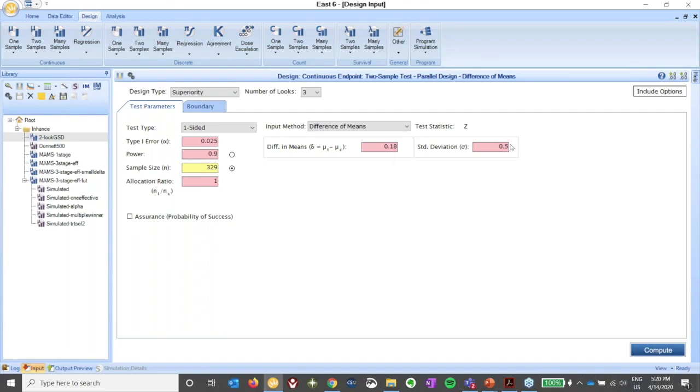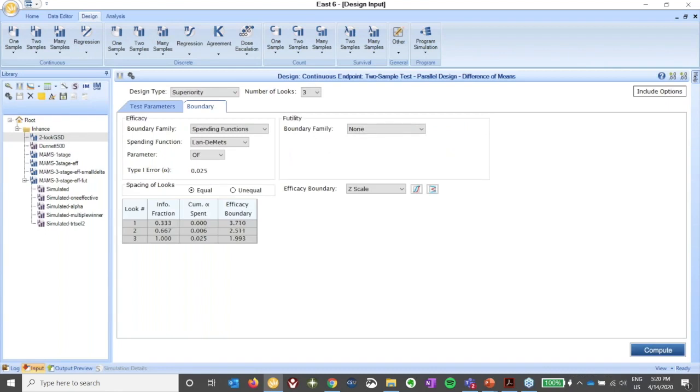For each one of the 3 interim looks, we're going to be budgeting our type 1 error using the Lan and DeMets version of the O'Brien and Fleming boundaries. And for the moment, we're not going to be using any futility boundary.